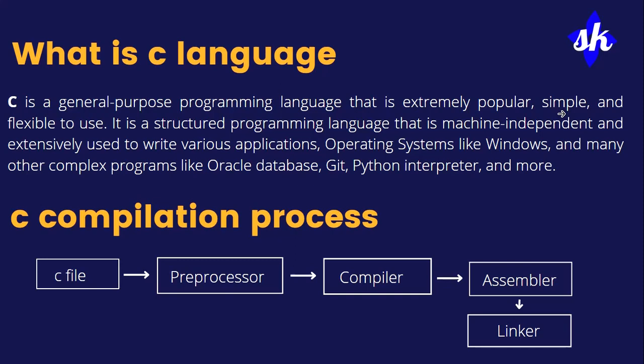Probably the name of your file is testfile.c. When you pass in the appropriate flag to your compiler, probably you're using Clang or GCC, to stop it at the compilation stage, it produces a .s file.